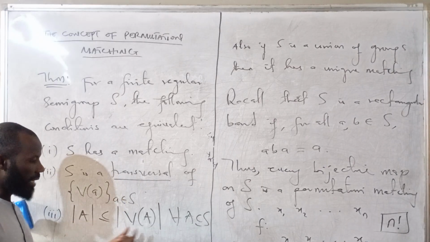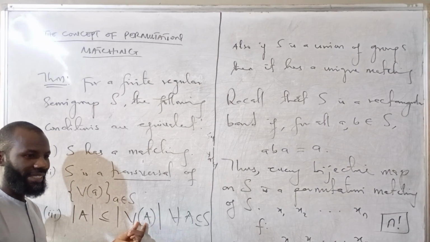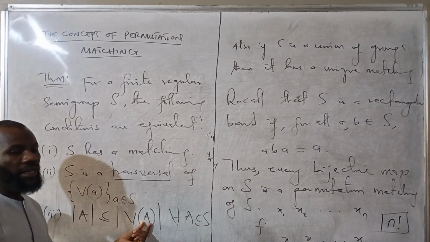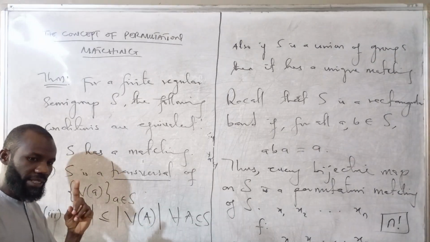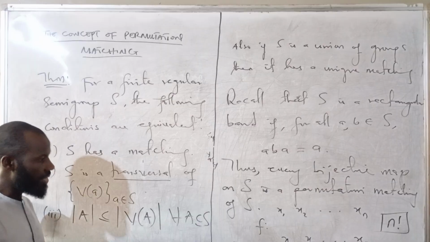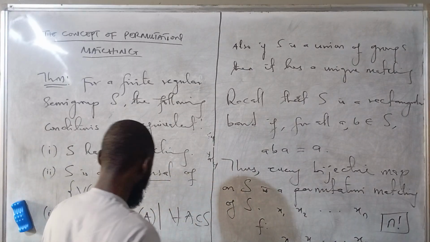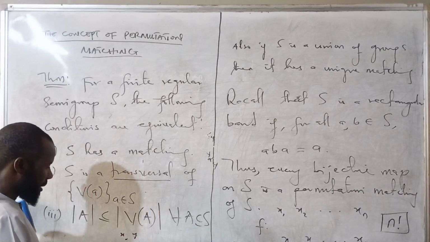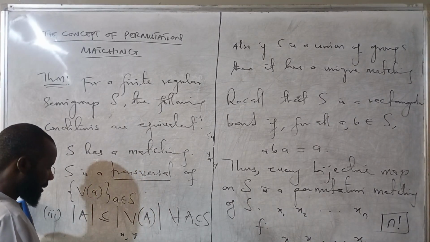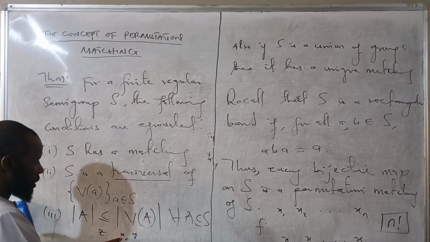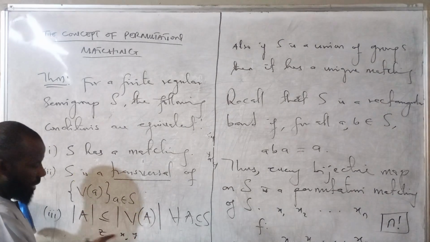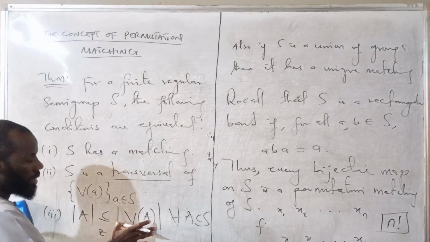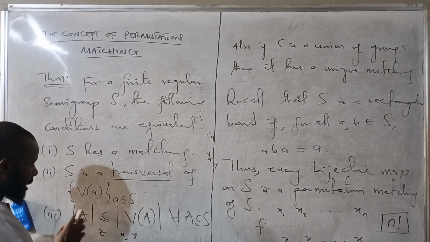Because if it so happened that two elements of the set A have one and only one inverse, that is, two elements like say x and y have as their inverse an element z, so this has a unique inverse and it is z, and this one also has a unique inverse and it's still the same z, then you see this set will contain fewer elements than here.